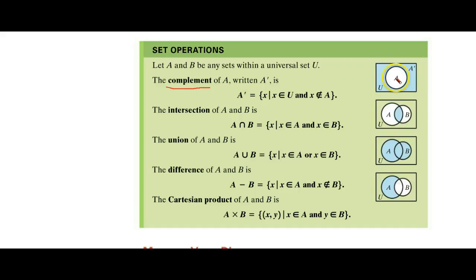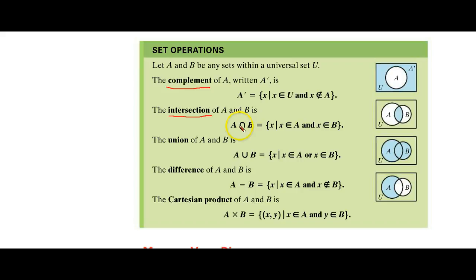So there's set A, and there's the complement of A. When we look at intersection, we're looking for those parts of set A that are also found in set B. And there is the Venn diagram.